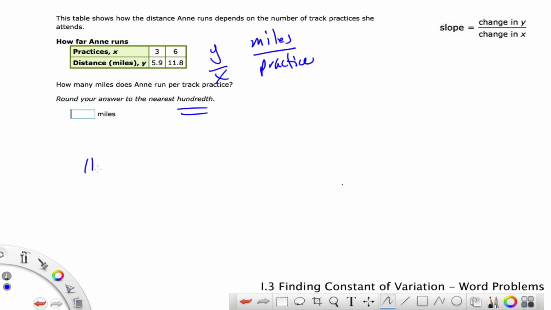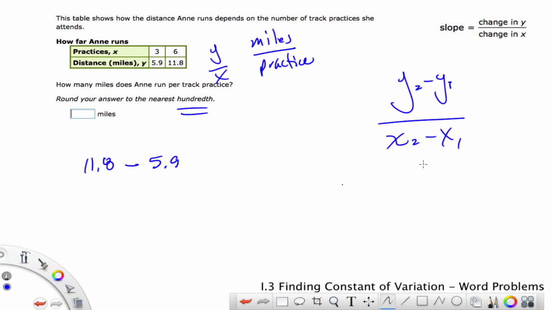So we say 11.8 minus 5.9, because again, y sub 2 minus y sub 1 over x sub 2 minus x sub 1. So we divide then 6 minus 3. We get 5.9 over 3. So I will ignore my decimals.